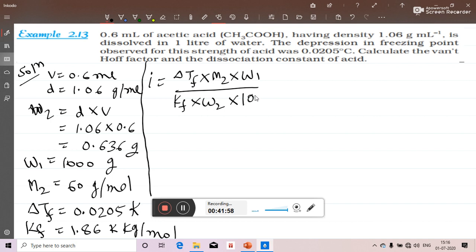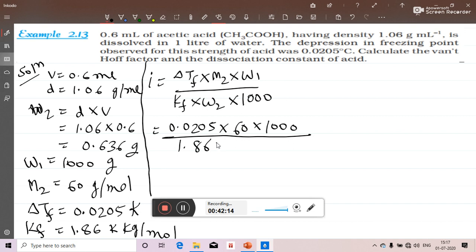So that is equal to 0.0205 into 60 into 1000 upon Kf is 1.86 into W2, the weight of the solute, 0.636 into 1000. 1000 cancelled. So that is equal to 1.04. That is the value of Van't Hoff factor.